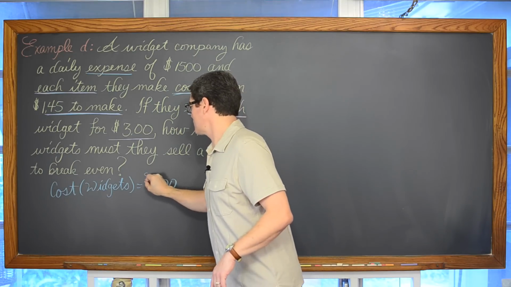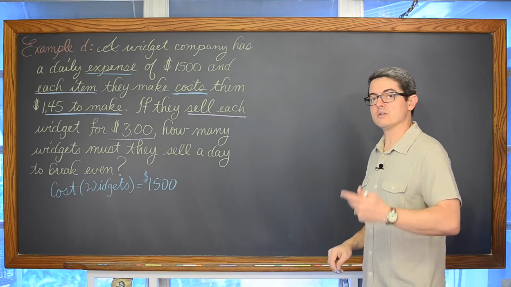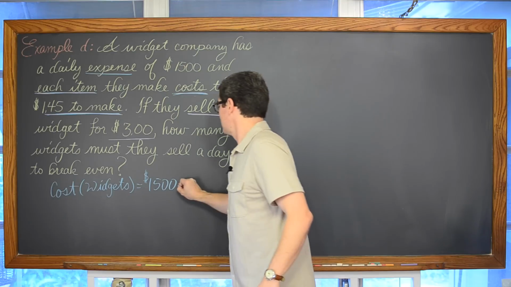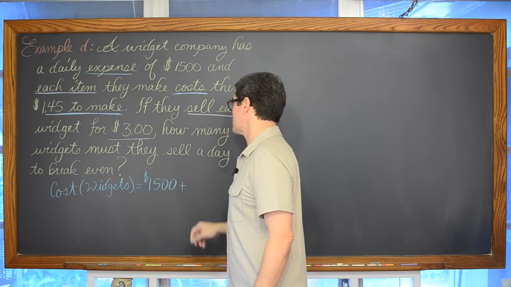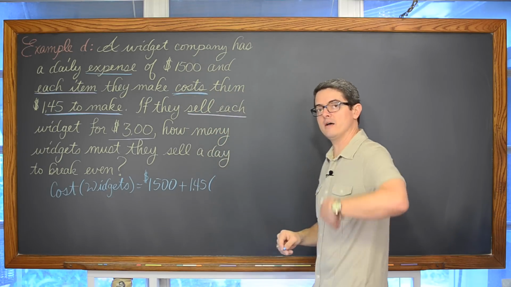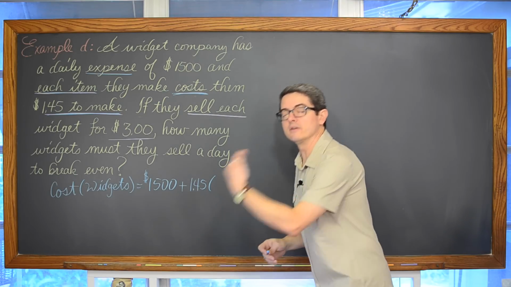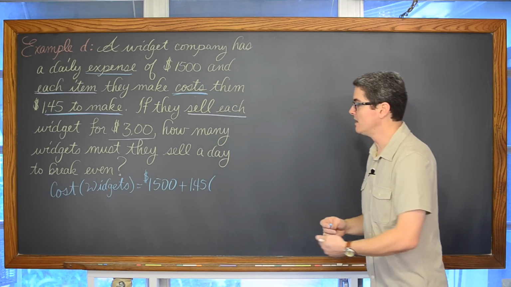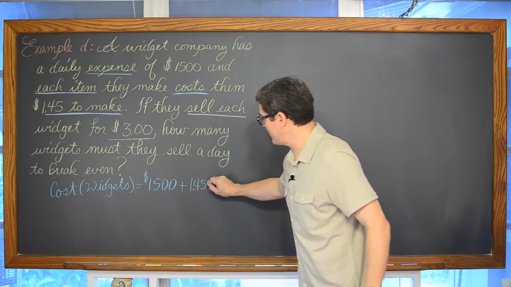Maybe it's a combination of your employees, your insurance, your electrical cost, renting the building, whatever is making up the expense of your company, plus maybe the materials it takes to make each widget, which is $1.45 times the number of widgets. Every time you make a new widget, it's another $1.45, another $1.45, and that repeated addition shows up as multiplication.